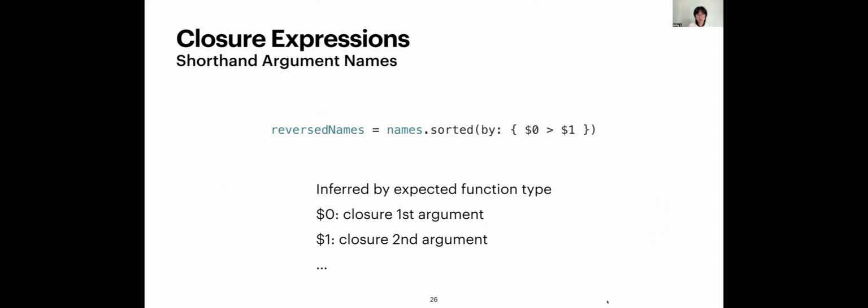So our closure becomes just $0 > $1. That's it. We went from a multi-line function definition all the way to just $0 > $1. So it reads naturally: sort names where the first element should be bigger than the second one. This is the syntax you will see everywhere in Swift and SwiftUI. So get comfortable with that.